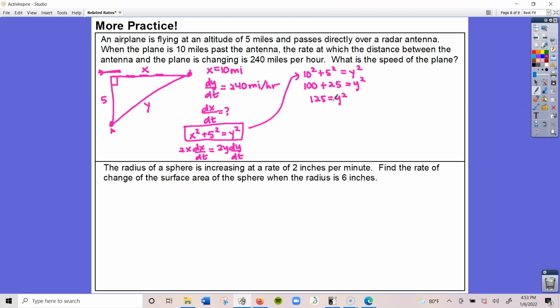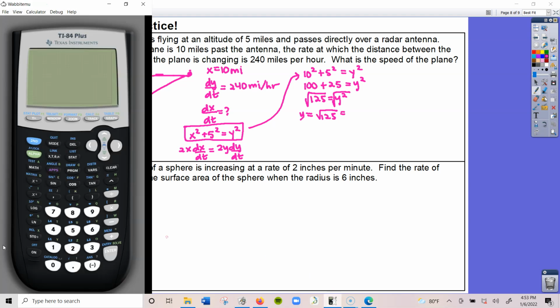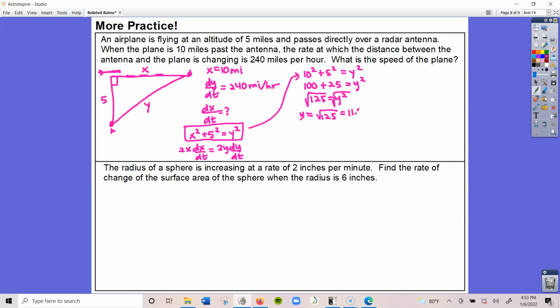If you square root both sides, we're going to get that y is equal to the square root of 125. Just to make the rest of the question a little bit easier, we're going to go ahead and put that in the calculator and get the decimal. So the square root of 125 is 11.1803. So this is y.